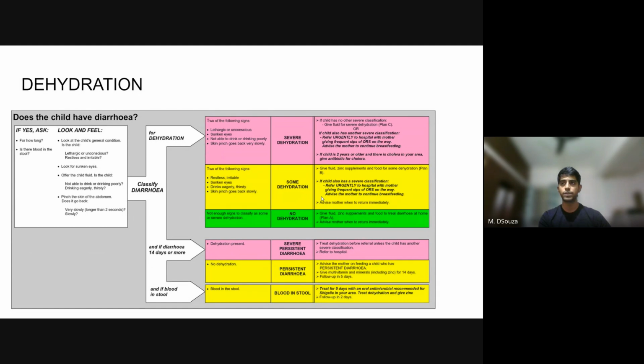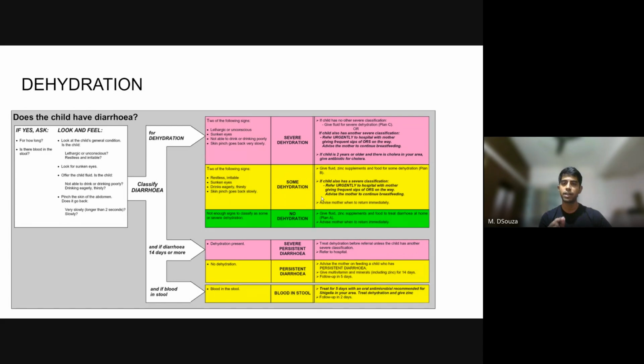Home available fluids, your rice water, your kanji, even coconut water for that matter. These are things that you would generally advise them to have. Apart from this, advising them to take zinc supplements. So for children less than 6 months, the available one in villages is usually the 20 mg tablet.